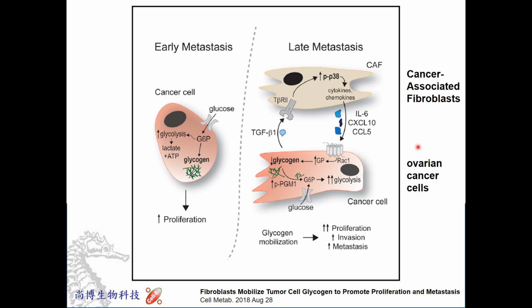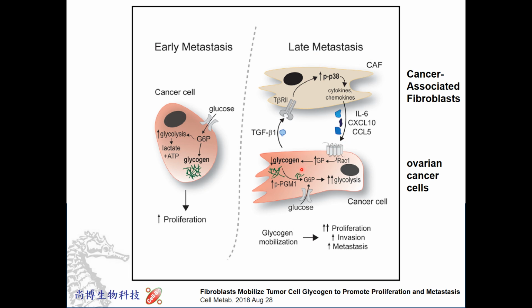So you can see the cancer-associated fibroblast, which we simplify as CAF, will secrete a lot of signals to let the cancer cell know it is time to do the real metastasis.